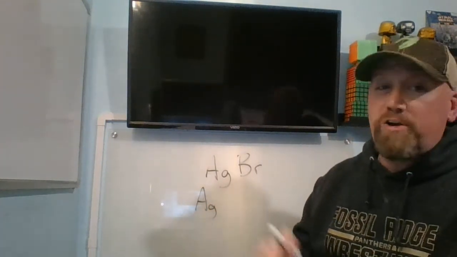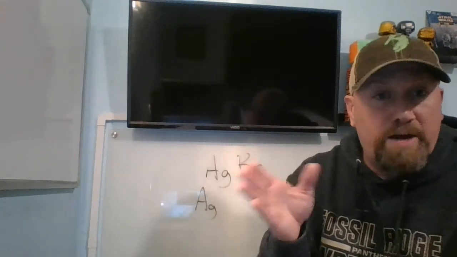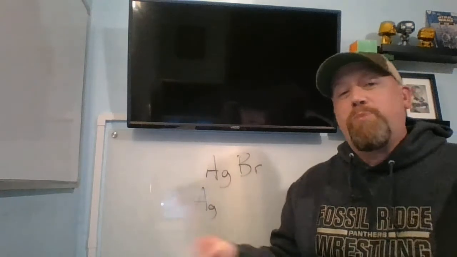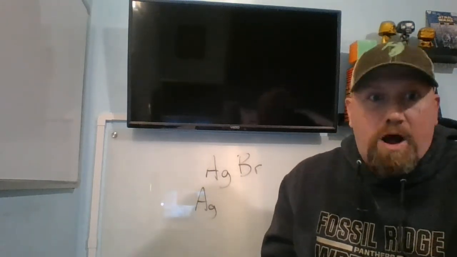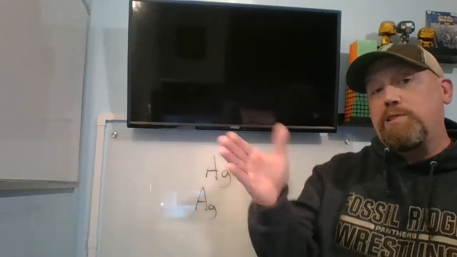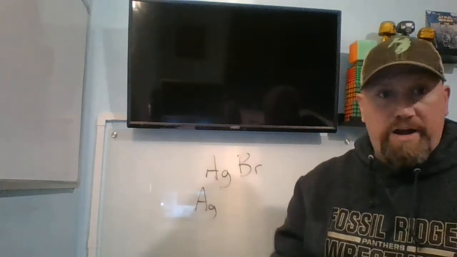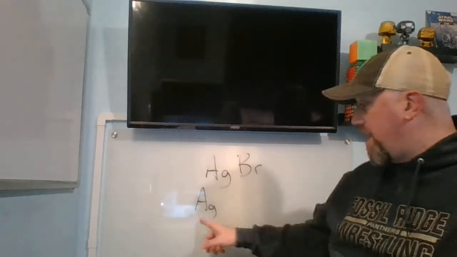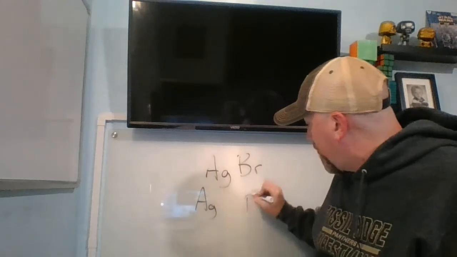When we look at the periodic table, the thing about the transition metals is that, for the purposes of this class, we're going to assume it is an ion, and we're going to align that ion with the opposite ion.